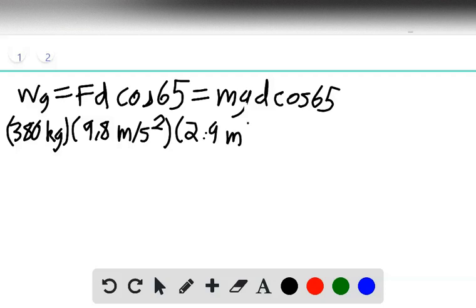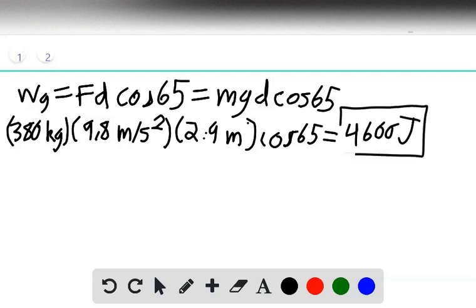Gravity is acting in the same direction as motion, so it is going to be positive, cosine 65. Plug all that into a calculator. You're going to get 4,564. With sig figs, that's going to be 4,600. I'm sorry, 4,600 joules because we're doing work. This isn't force. So that's the answer to C.